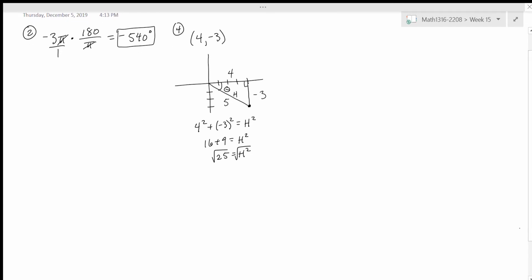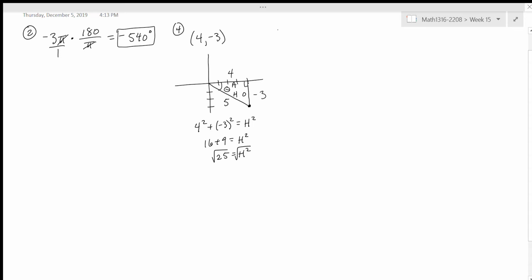And the last thing that I need to do before I can actually come up with the answers, I need to determine, is negative 3 the opposite or the adjacent? Well, here's theta. So negative 3 is the opposite. And that means that 4 has to be the adjacent.